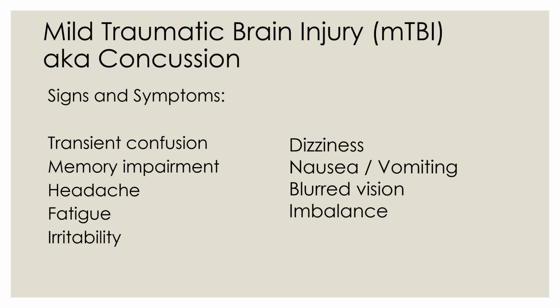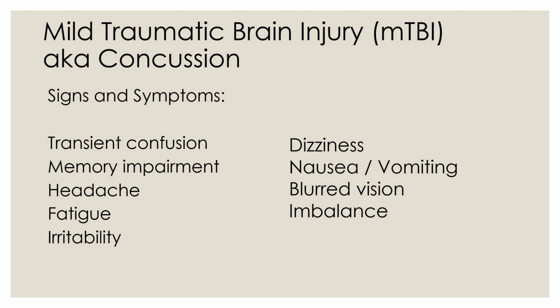So typically, the brain dysfunction associated with MTBI is just transient confusion, maybe a little bit of memory impairment. I don't remember what happened right at the moment before I got hit. Headache, fatigue, irritability, maybe a little dizziness, maybe nausea and vomiting, but typically not intractable nausea and vomiting.